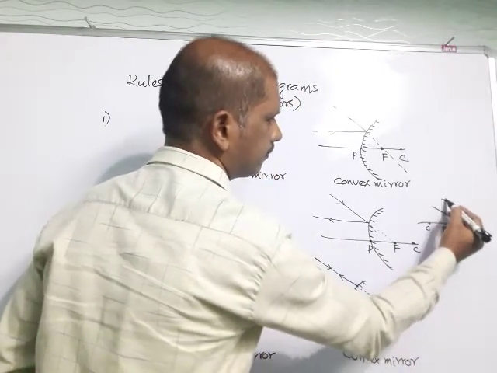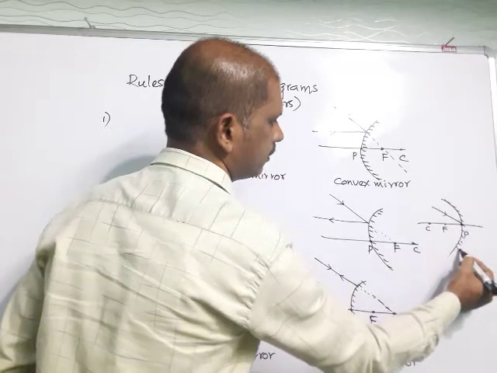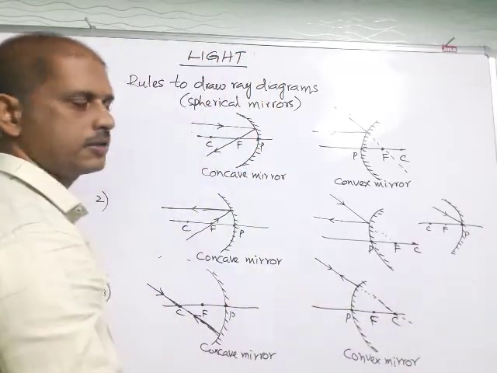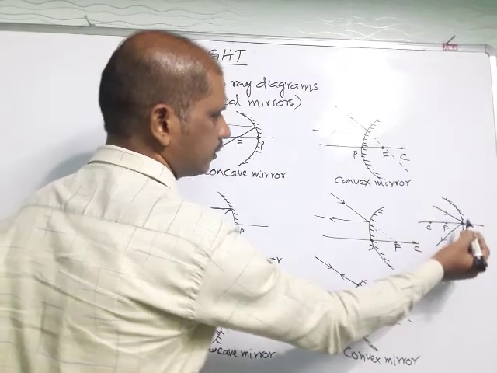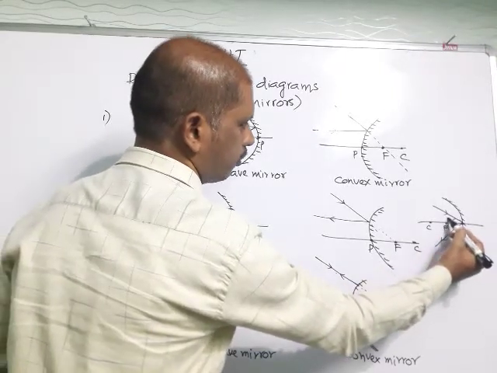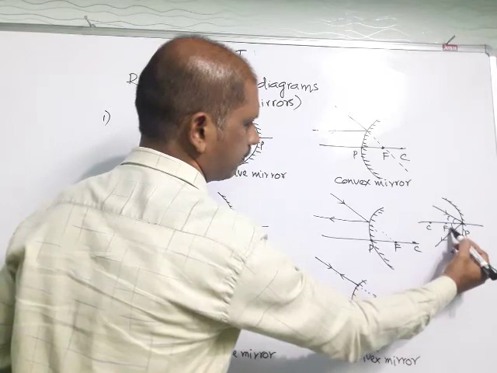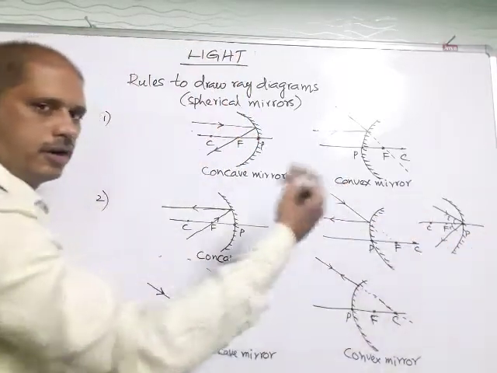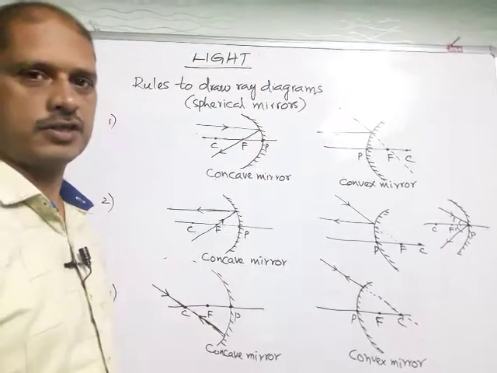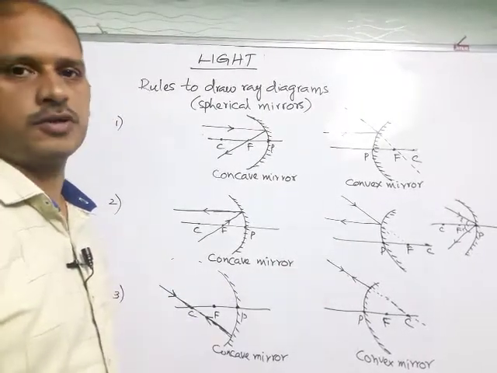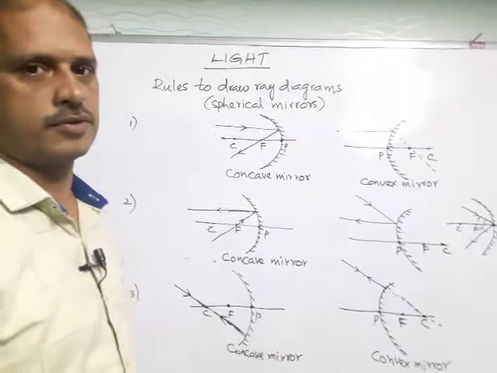This is the incident ray. This side is coated, this side is working as a reflecting surface. This is the incident ray, this is the reflected ray. So here the angle of incidence is how much, the angle of reflection is also the same. According to the laws of reflection, the angle of incidence and angle of reflection are the same. So that rule also we can use to draw the ray diagrams. Okay.